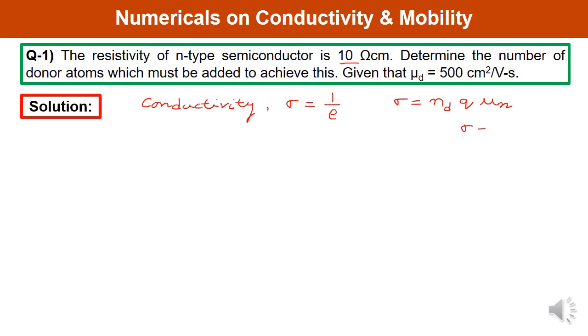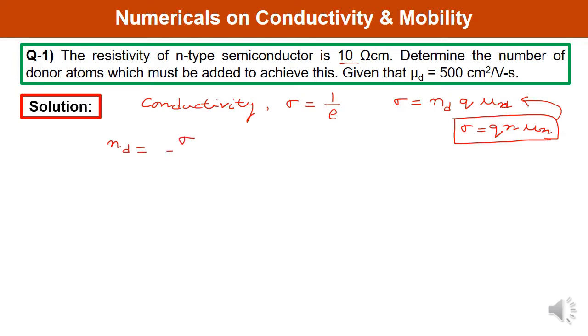You have studied this particular formula, sigma equals Q n mu n. So from here we have written this particular term because here we are talking about the donor concentration, so mu of D. It means you have to calculate the number of donor atoms, that is N of D.